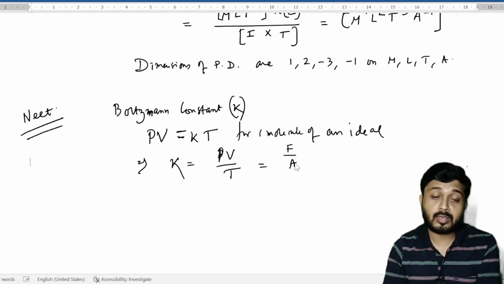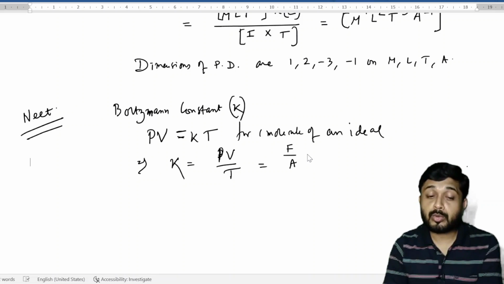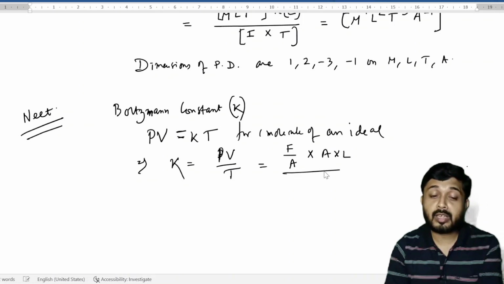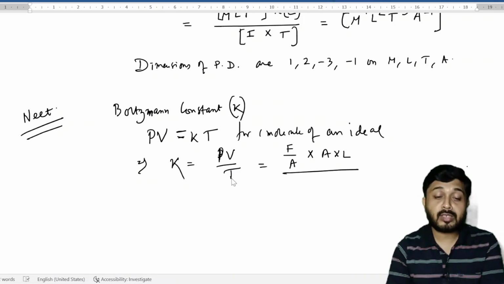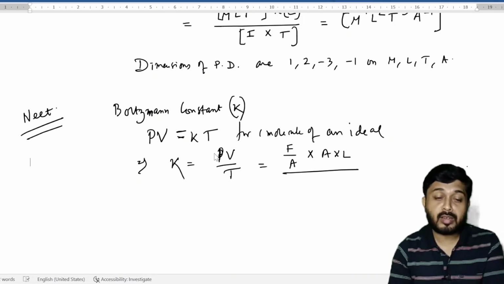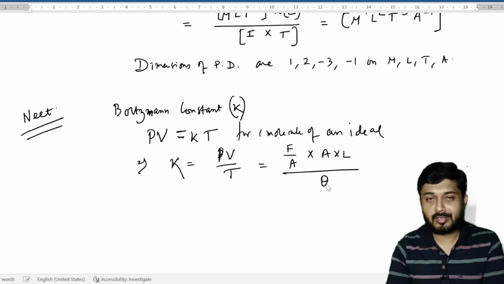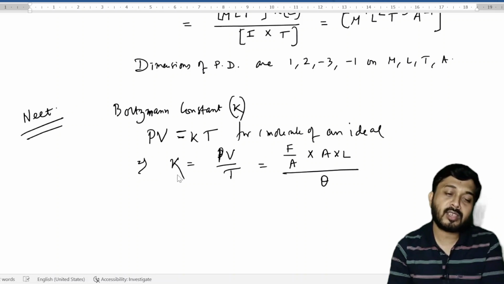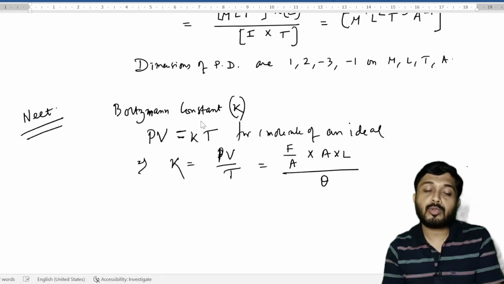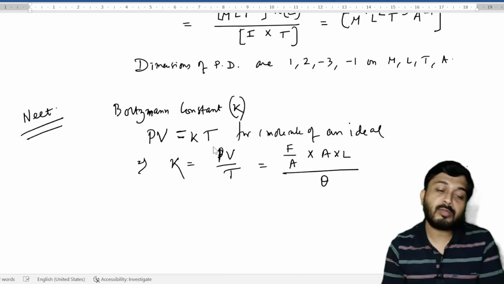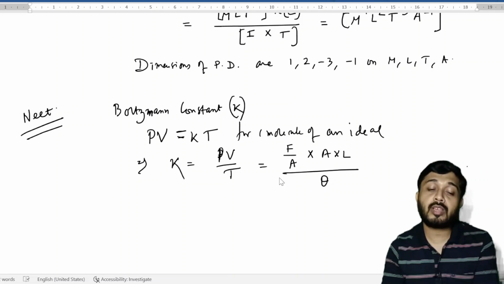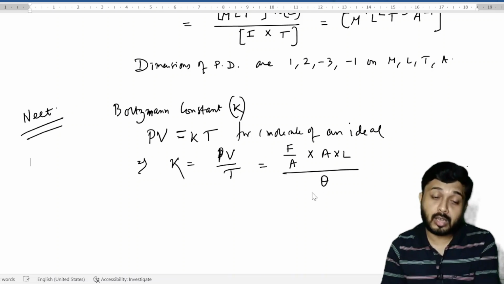So force by area, and volume equals area multiplied by length, and in the denominator is temperature. This is not time. Don't make the blunder of writing this as capital T. T will be changed to theta, because T here is temperature. PV equal to KT. K is Boltzmann constant, P is pressure, V is volume, and T is temperature. So in place of T we should write theta.